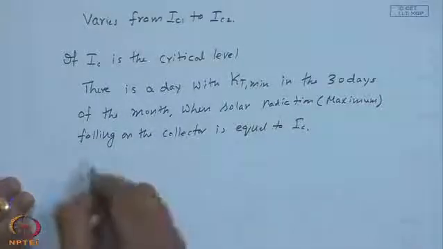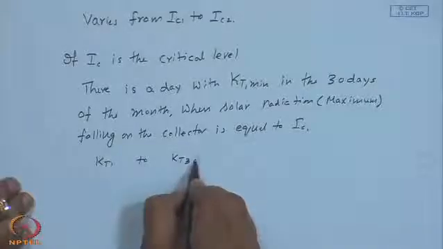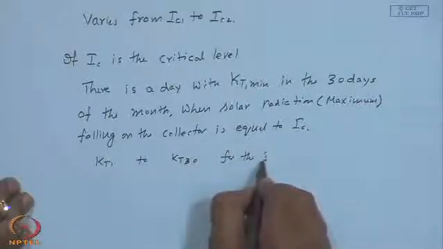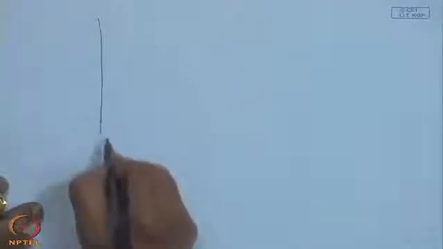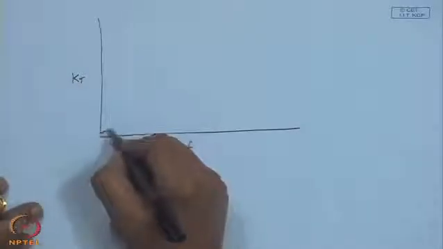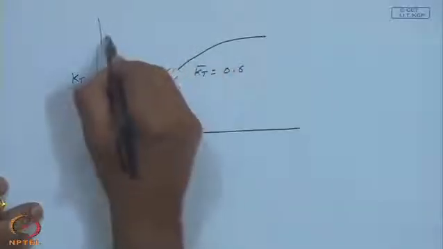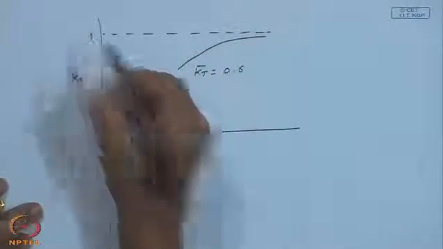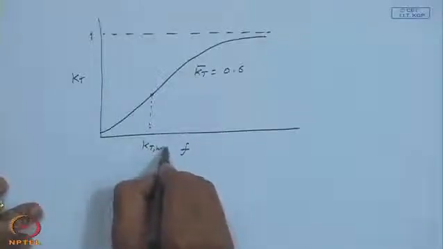In other words, if I have K T 1 to K T 30 for the 30 days, whose distribution is according to Liu and Jordan curves, cumulative frequency versus K T, for a given K T bar equal to say 0.6, this is approximately 1, this is my KT minimum.